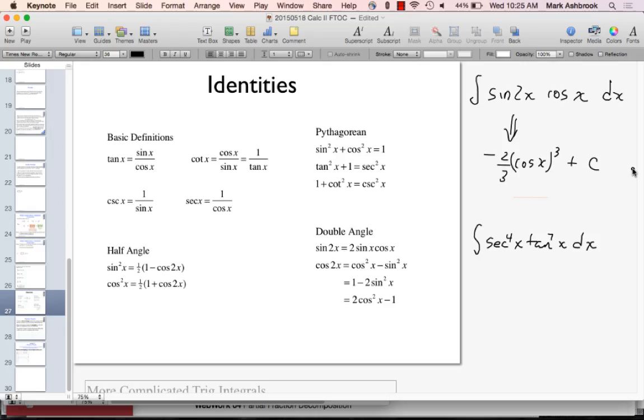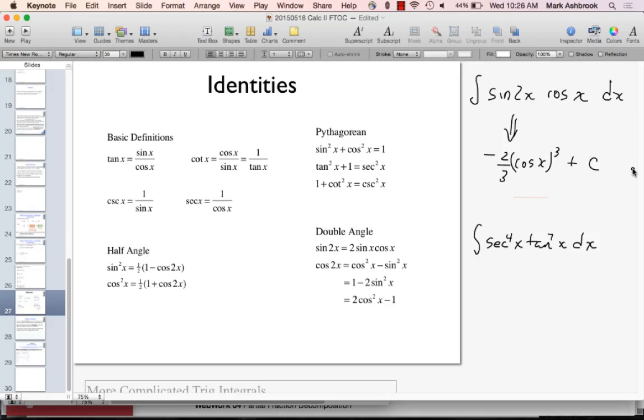Right? So sine 2x, 2 sine x cosine x, then you'll have a cosine x times cosine x is cosine squared. We've got that same problem again, sine x cosine squared. And then that's just cosine cubed, undoing the chain rule. So if you didn't follow that, then just write that answer down and work through that later. But it's basically, after you apply that identity, the same problem we've seen twice already today.